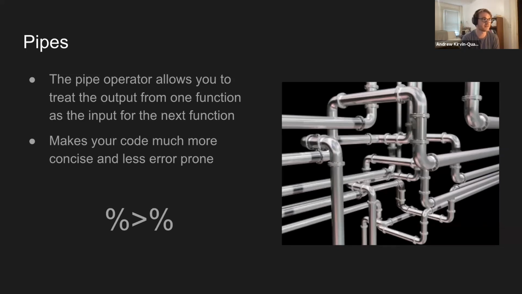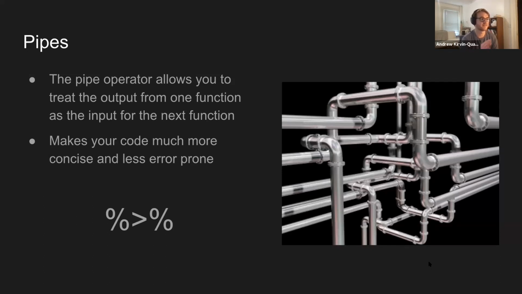And the pipe operator comes from a package called magrittr. It allows you to take the output from a function and forward it to the next function without having to save it as a variable. And so we'll see in a sec how much that can save you.